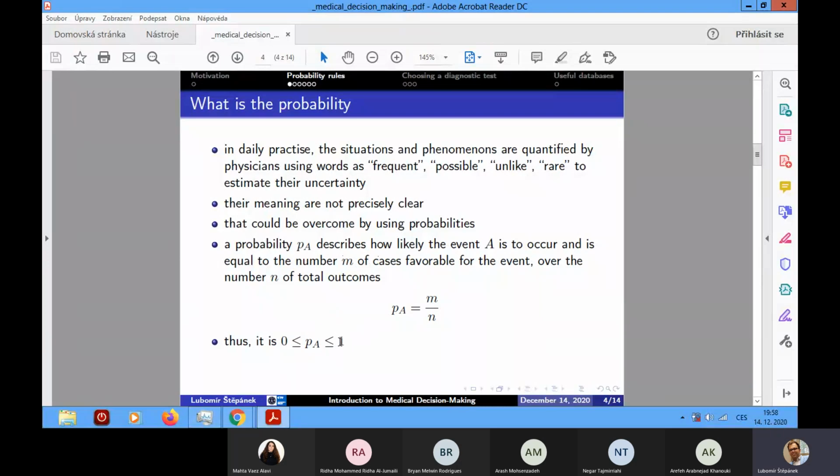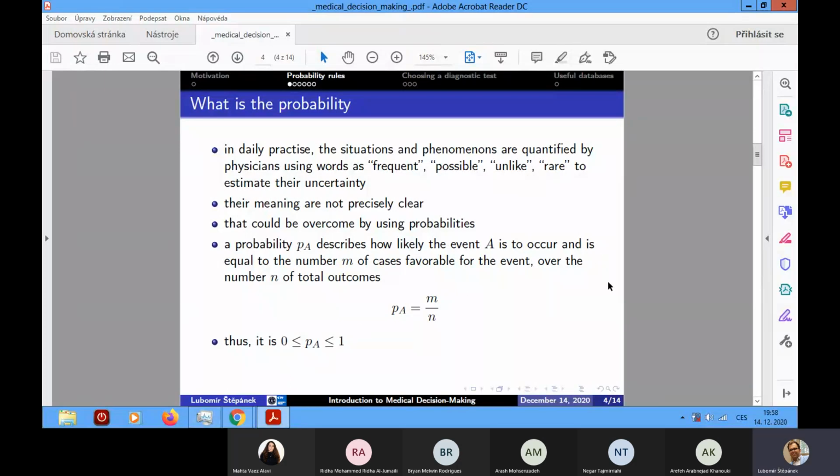And probability equal to 1 stands for a situation which we can be 100% sure will occur. On the other hand, probability equal to 0 stands for an event which we can be 100% sure is not going to happen.